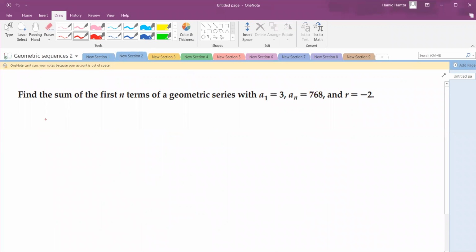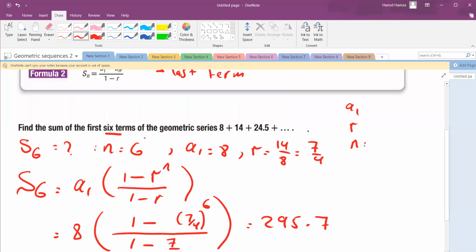The second question: we want to find the sum of the first n terms, and remember, if you look carefully, n is not given here, of a geometric series with a1 equals 3, an equal to this one, and r equals negative 2. An, as I mentioned, refers to the last term.